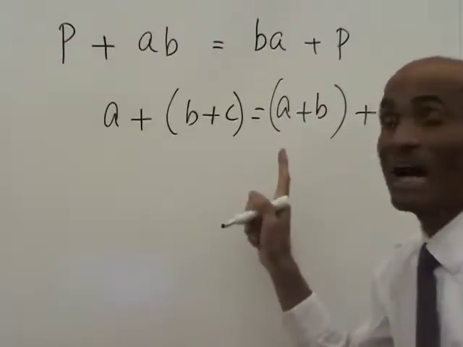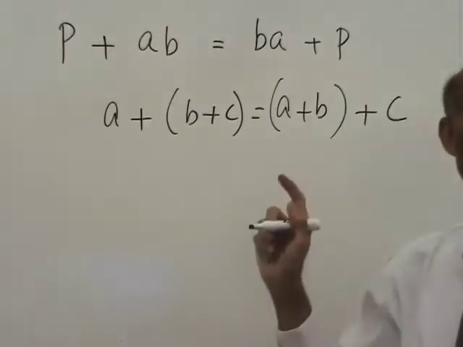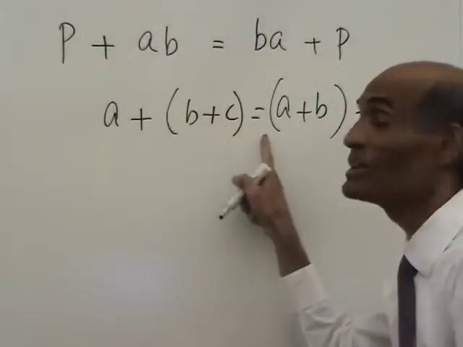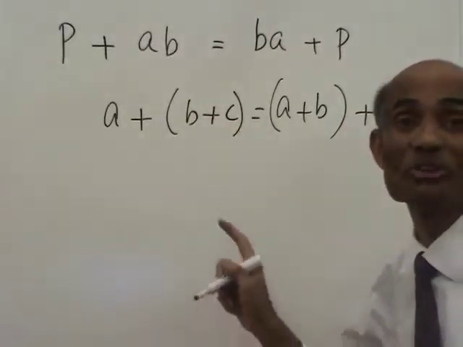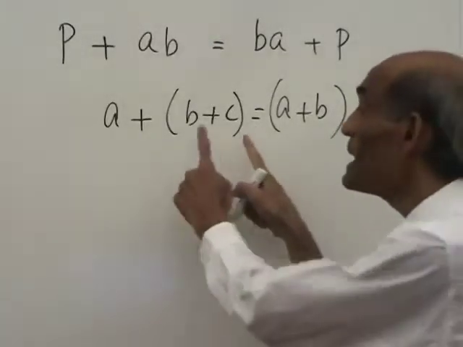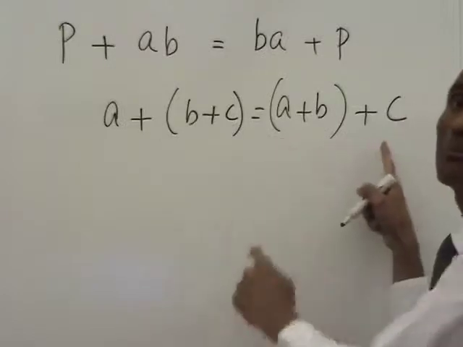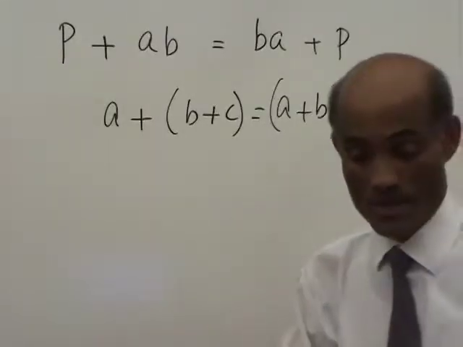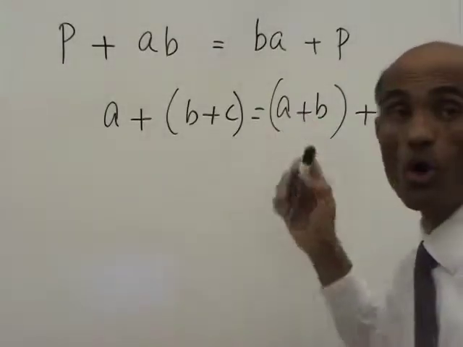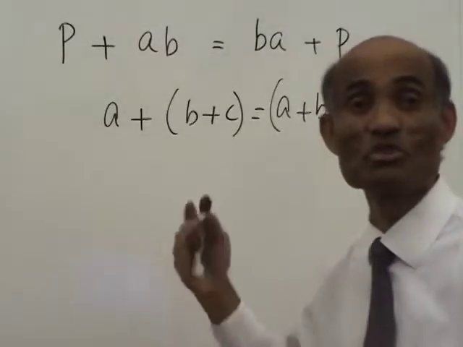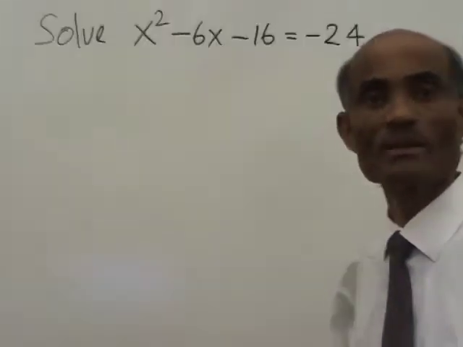It is the associative property of addition. You see, the association will not make a difference. Alright? So practice all such properties and make sure that you understand these concepts.